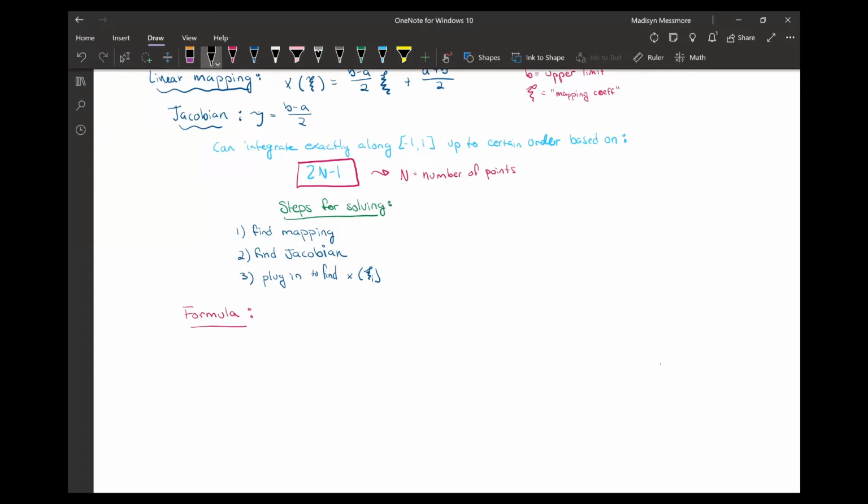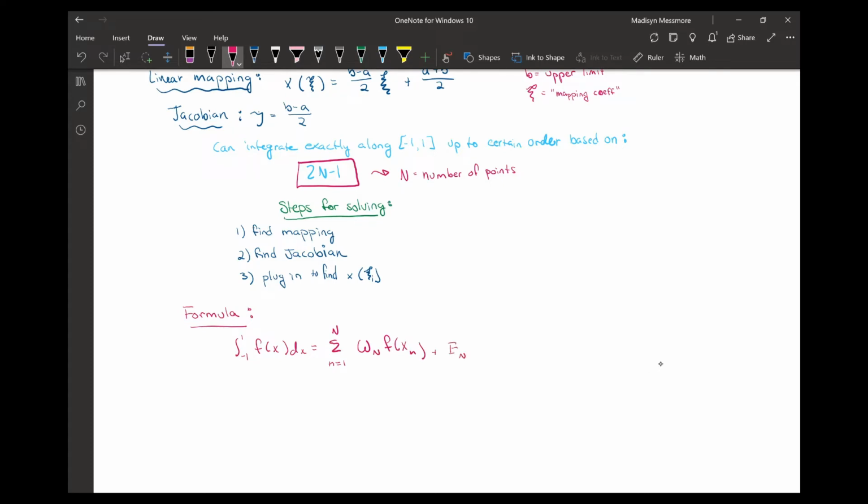So not exactly. Hold on. There's an exact formula for it. It might be in your formula sheet. After transforming it, or linearizing, mapping it, however you want to say it, the integral becomes the summation from n equals 1 to n of your weight times your function of x sub n, plus your error.